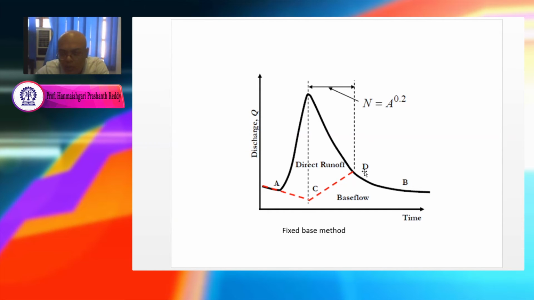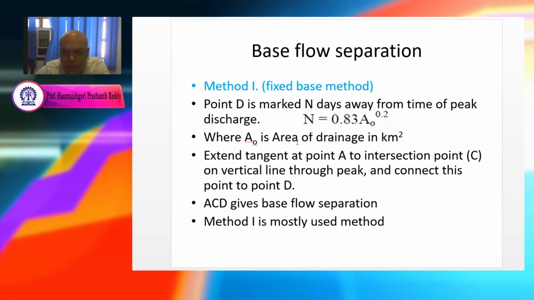Now we have to identify point D. Point D is a point on the recession limb, lagged from the peak by n days. A is the catchment area or watershed area, in kilometer square, and n is in days. From the formula n = 0.3 A power 0.2, we can get the n value.